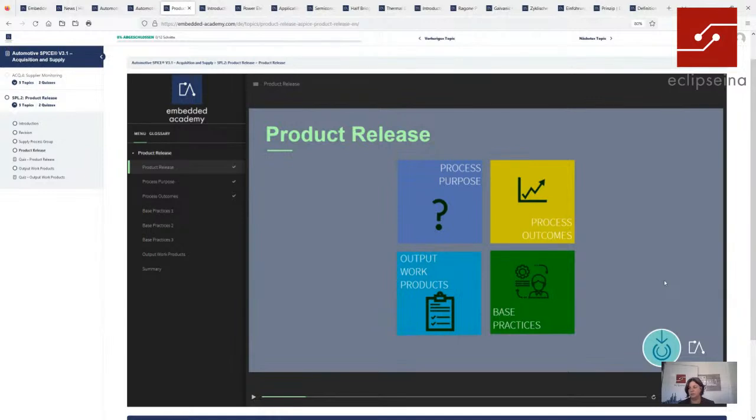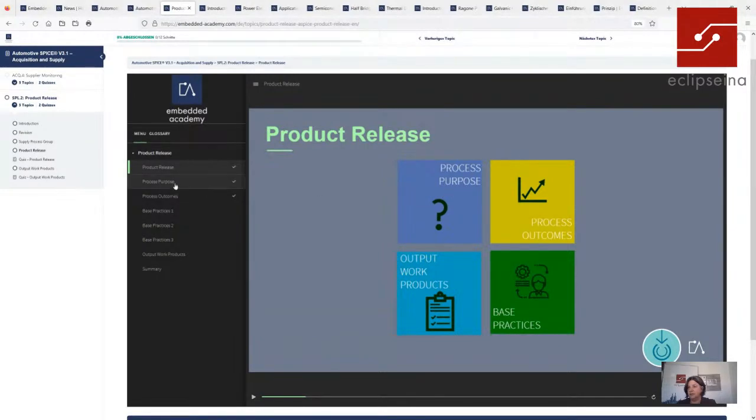And to achieve the process outcomes, you have best practices you are implementing. So the structure here is always the same. In this case, the product release is not big. There are other processes which have more content, but this one is not so big.